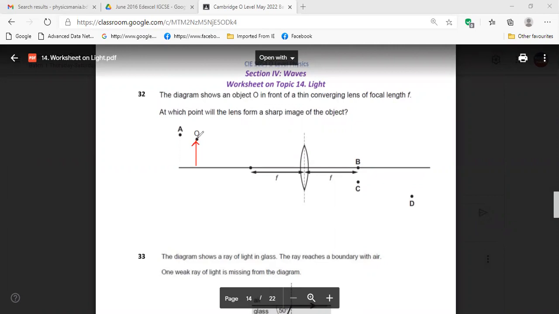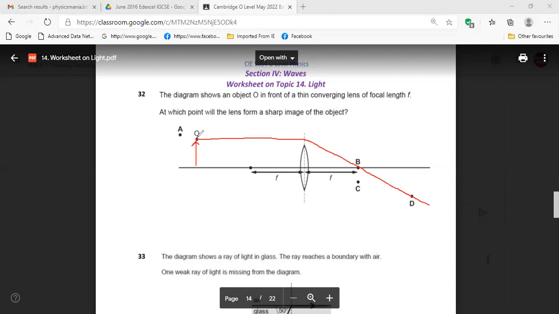So according to our ray diagram rules, one ray should be parallel, and that one will go through this B, right? Yes. This way it will go.